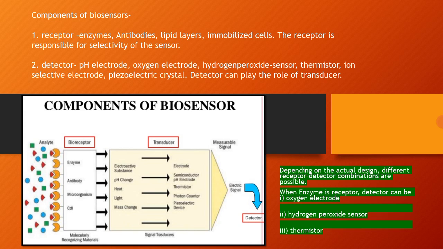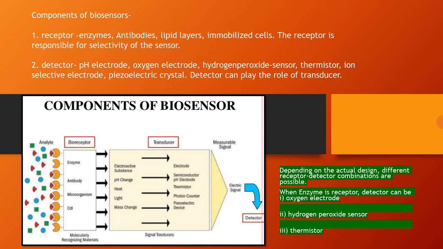Okay, so this second portion is mentioning the electroactive substance, then the pH change, then the heat, light, or mass change. These are the reactions that will be produced by our biological molecule. And these reactions will be detected using the detector.